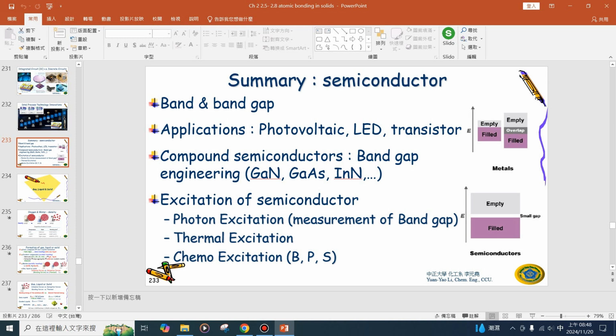As a result, it is not really possible, or I should say it is impossible, to use thermal excitation to excite the semiconductor.